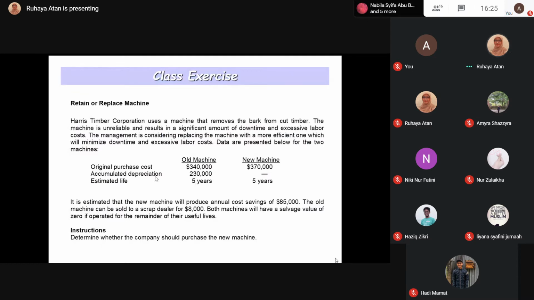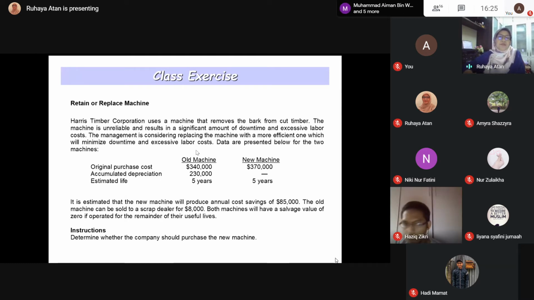Can you have a look at it? Harvest Timber uses a machine to remove the bark from cut timber, and the machine is unreliable and results in a significant amount of downtime and excessive labor costs. So the management is considering replacing the machine with a more efficient one, which will minimize downtime and excessive labor costs. Data are presented below for the two machines.